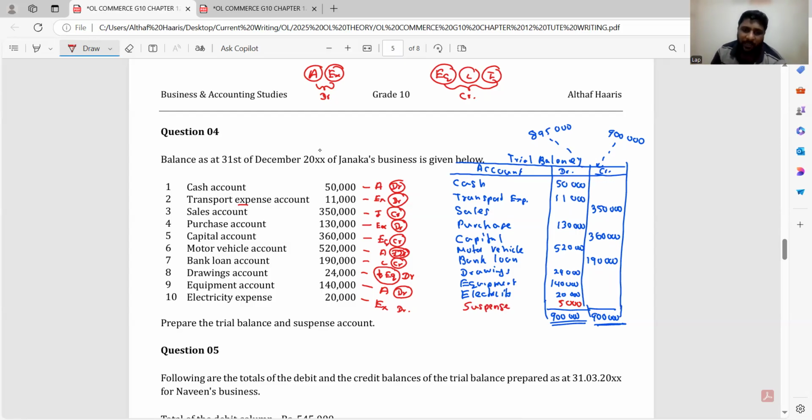So draw a suspense account, kids, like that. Just draw a suspense account.